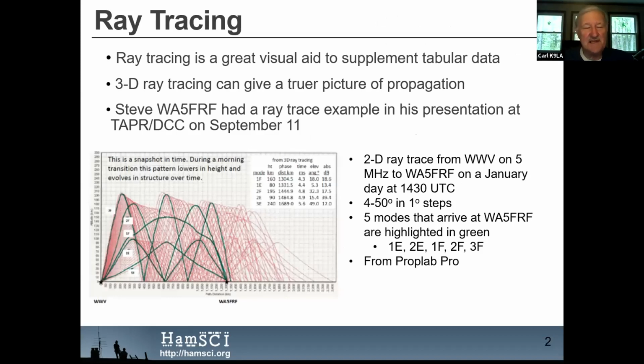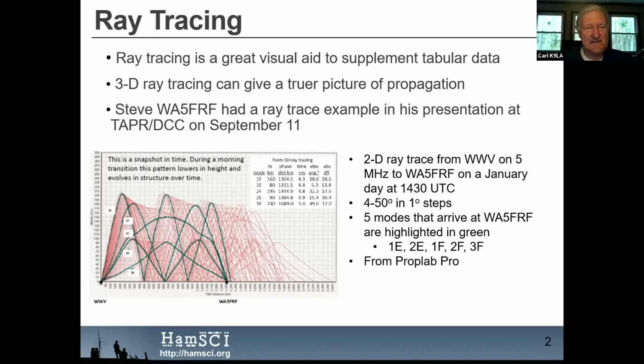Ray tracing is a great visual aid to supplement tabular data. Especially the 3D ray tracing can give a truer picture of propagation. And we'll see that in a little bit when we talk about what the various programs can do and show some examples.